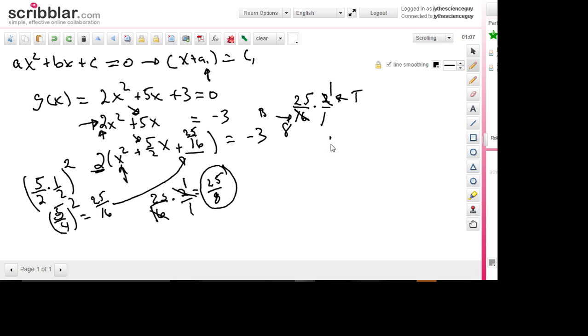So if you have something that looks like this, it would be really, really hard in your head to multiply the top, multiply the bottom, and then reduce, right? Mm-hmm. So instead of doing that, I'm going to cross cancel.